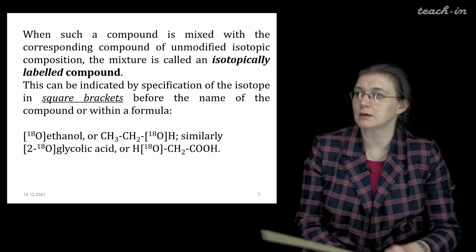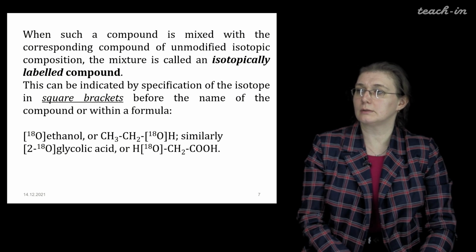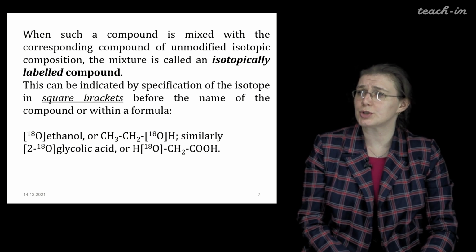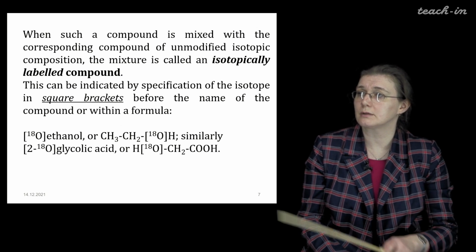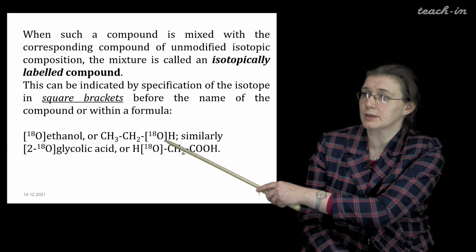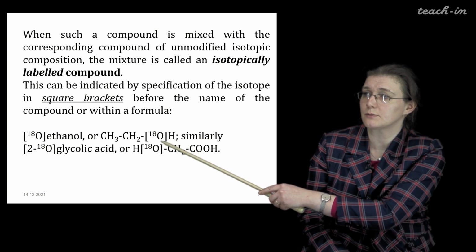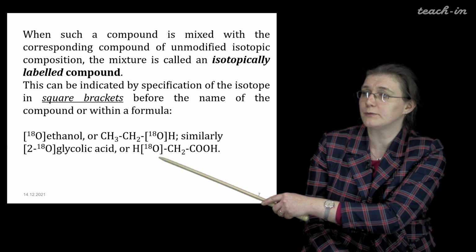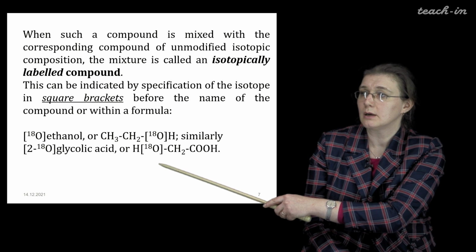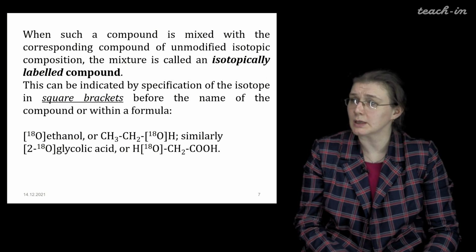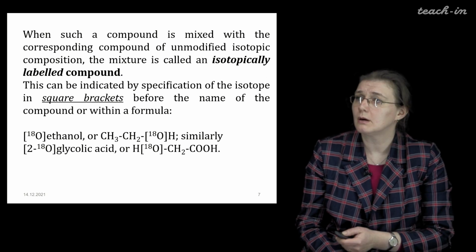And here again are some examples. Ethanol, which is labeled with oxygen 18, can be written like the first part, and the same for the formula. And again, if we know the position of the radioisotope, we should also give it in the square brackets, like 2 oxygen 18 labeled glycolic acid, as a second example.